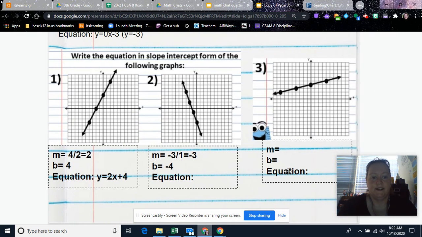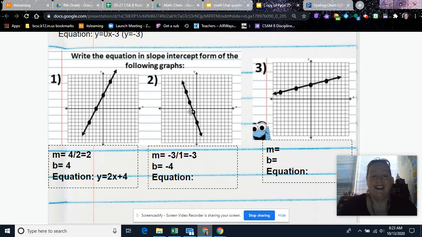Okay, let's look at number 2. Again, I like to begin with b. And so when I look here where it crosses the y-axis, it's 1, 2, 3, 4. So my b is -4. And from there, I can go up 1, 2, 3, and then left 1.